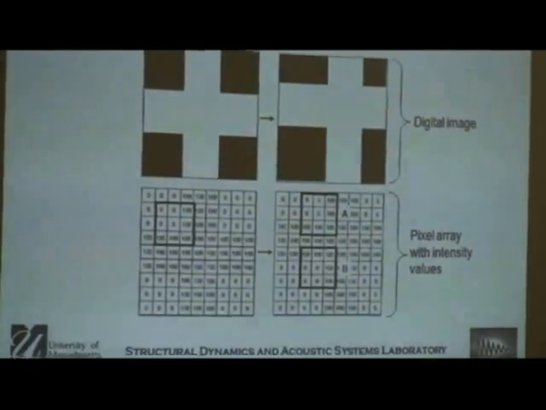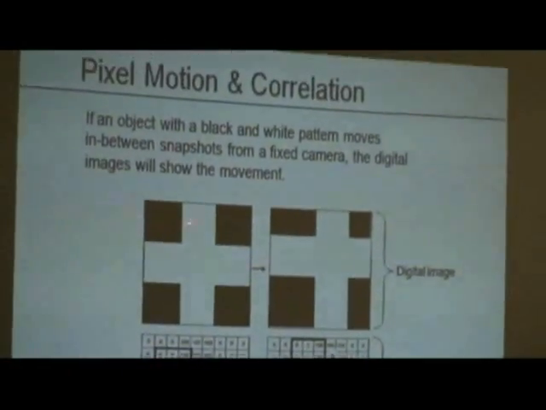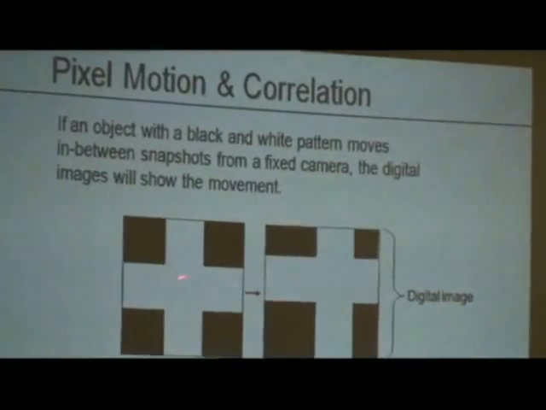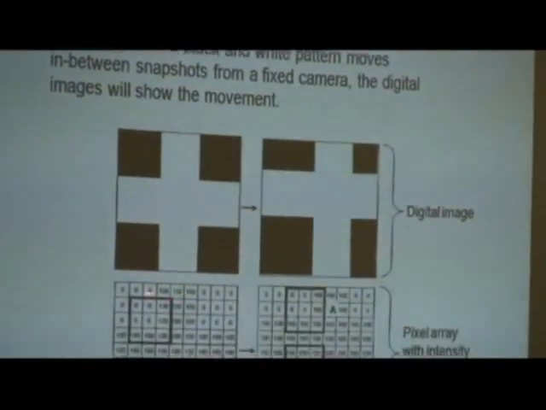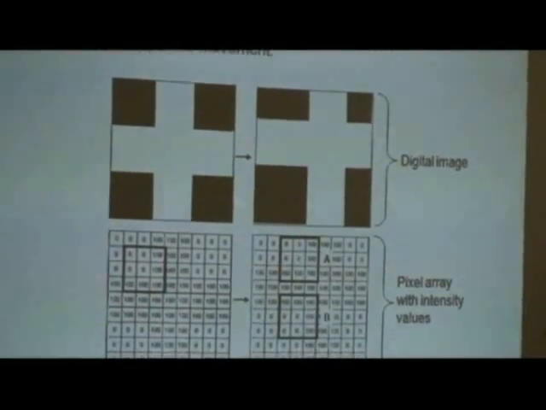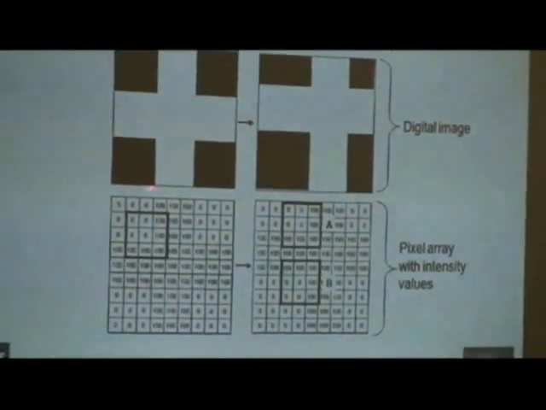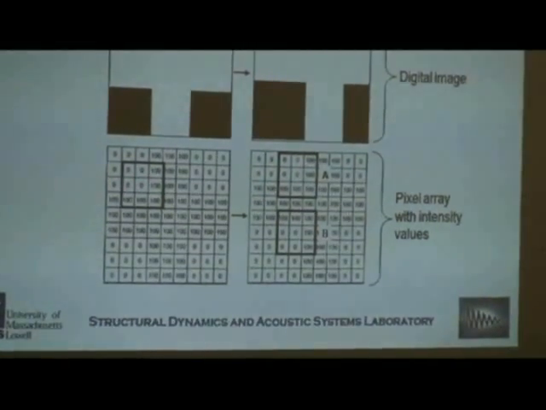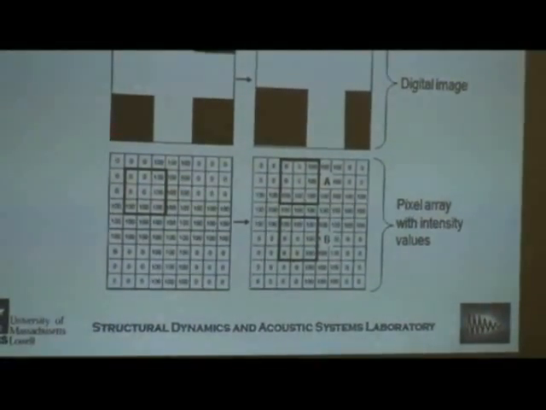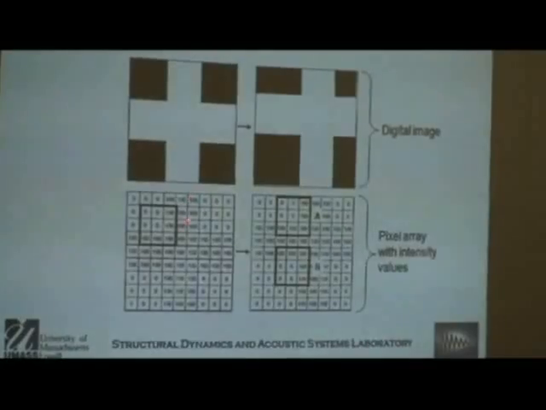So if we zoom in, let's say we have an area like this. We've got this cross pattern here. If we look at this box here, let's call that little box a facet. So 0 represents a black image, and 100 represents a very light image, like white. We have this facet here.